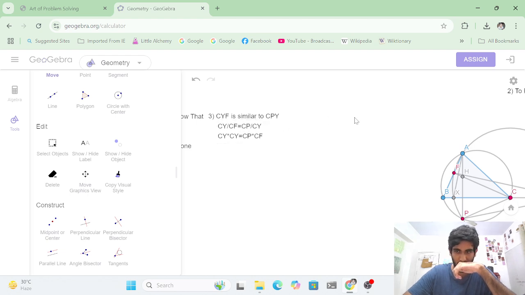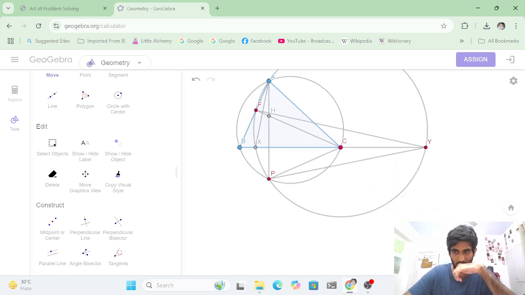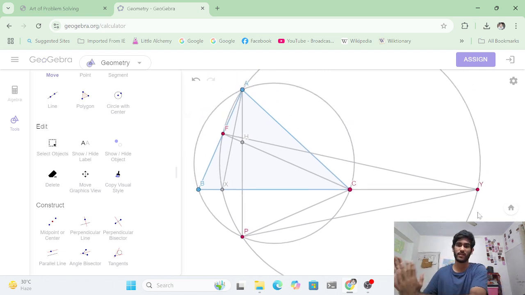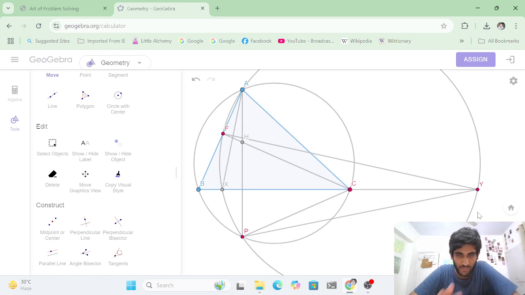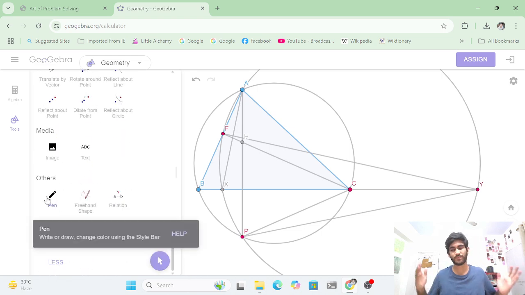I have lots of points on a circle, which means I have a lot of equal angles because of the arc theorem. That is the intuition for why I'm going to think in terms of similarity. So let us now look for similar triangles in this figure.